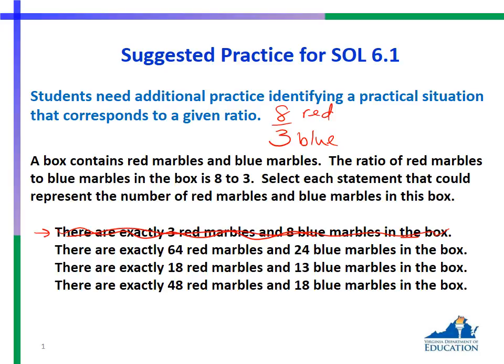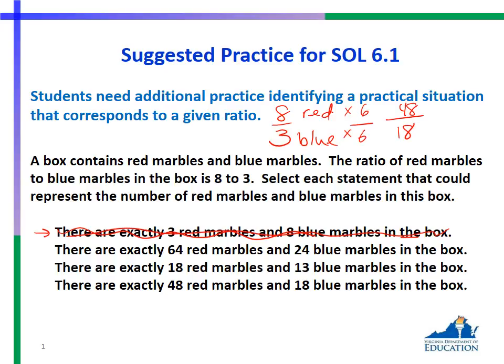And so what we can do for the rest of these is figure out if we have some equivalent fractions here. So say for instance, if I multiply the top and bottom by the same number, let's multiply top and bottom by 6. I can rewrite the ratio 8/3 as 48/18.